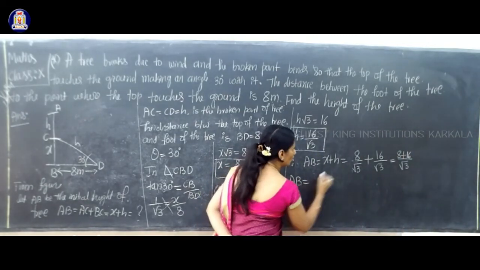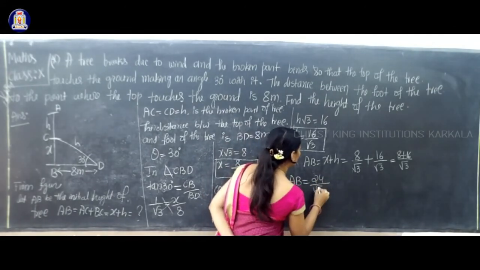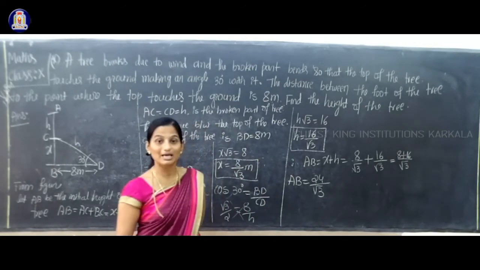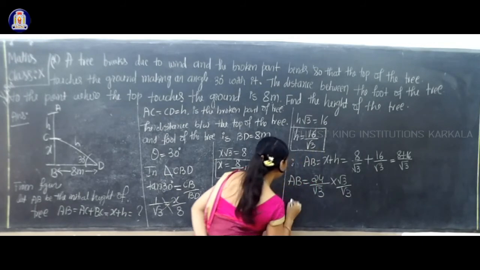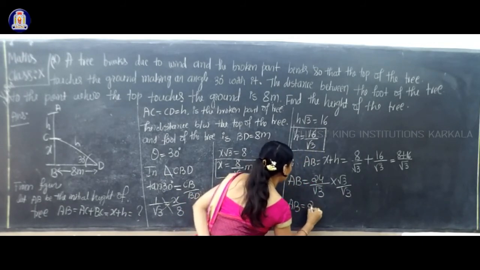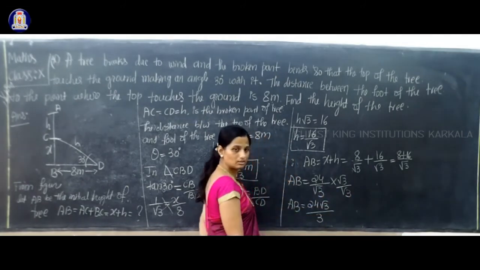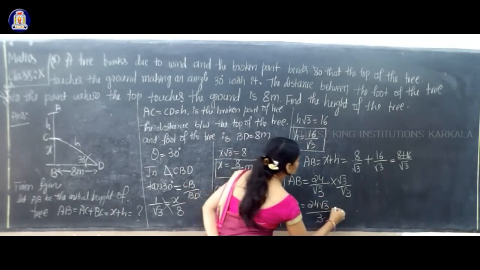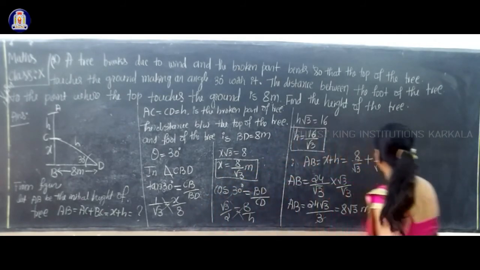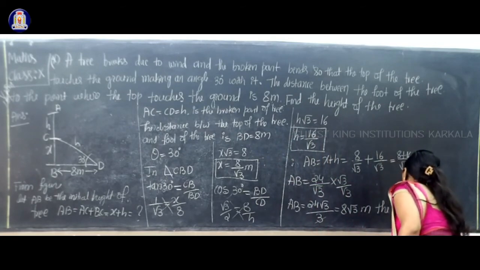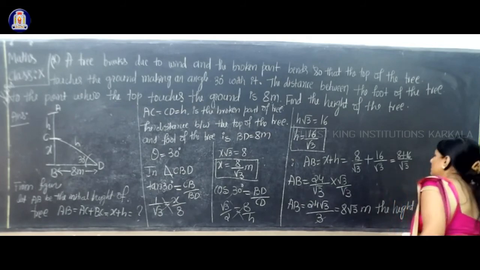So AB is equal to 24 divided by root 3. The final answer should be rationalized, so multiply by root 3 divided by root 3. So AB is equal to 24 root 3 divided by 3. Root 3 into root 3 is 3, and 3 eights are 24. So it is 8 root 3 meter, the height of the tree. So this is a very important question.